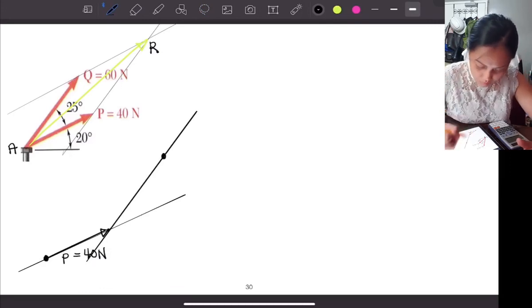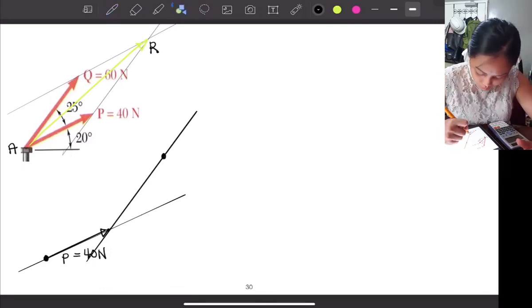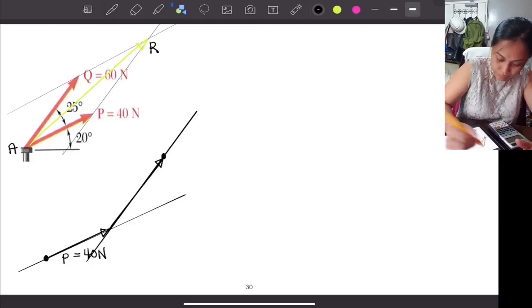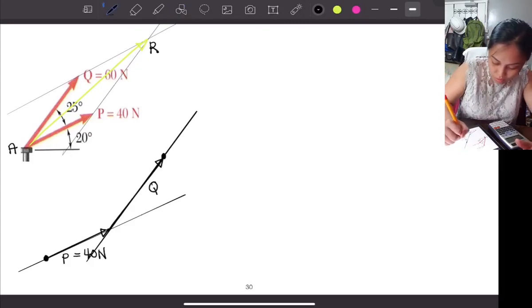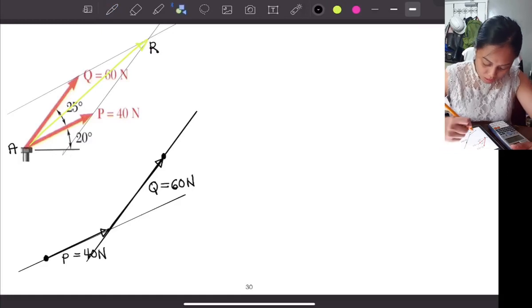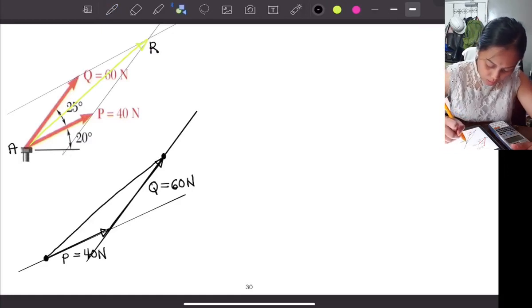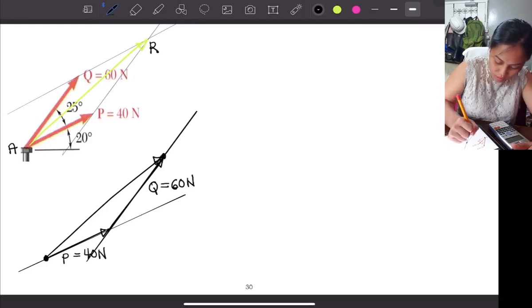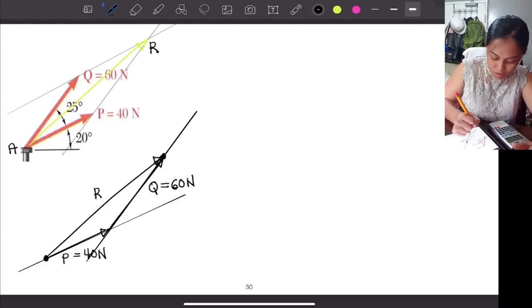From the tip going upward, this is force Q, which is equal to 60 newtons. Then we connect from bolt A to the tip of Q so that we get our resultant force R. Again, this is A.